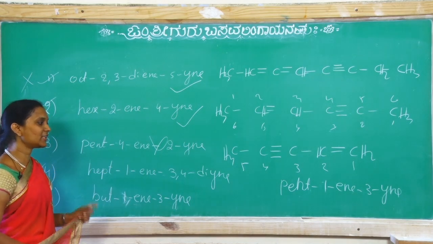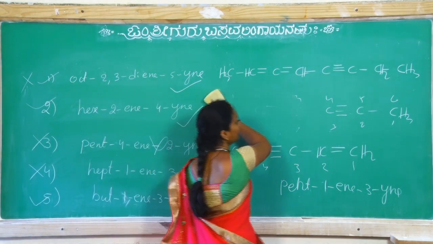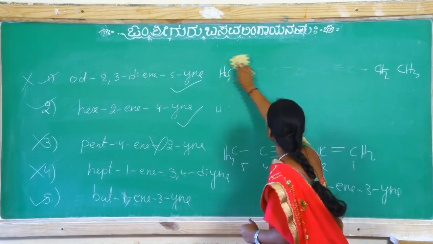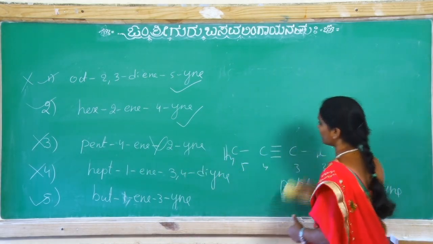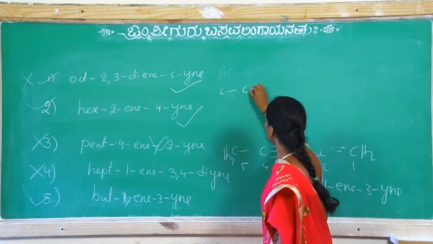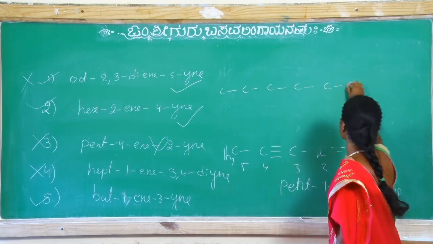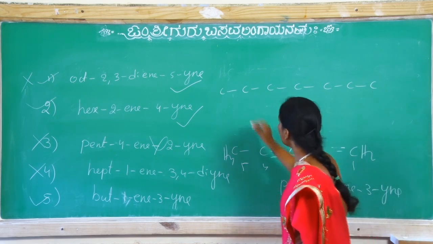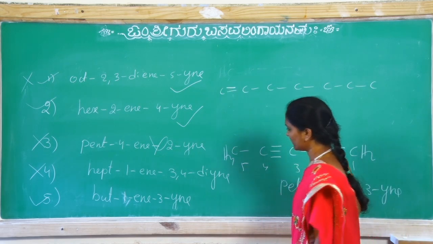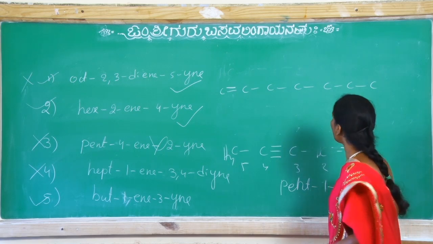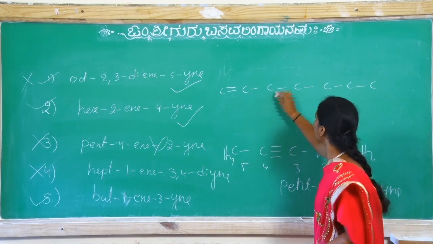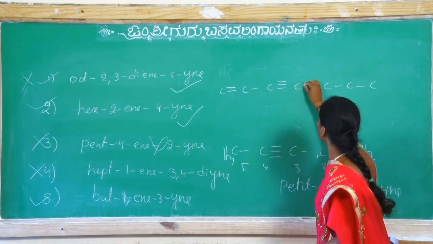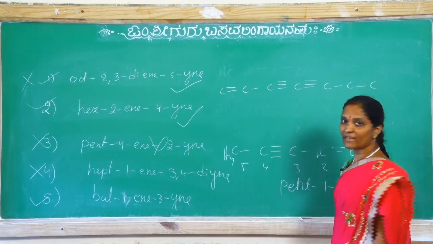Hept-1-en-3,4-diene. Hept, 1, 2, 3, 4, 5, 6, 7. 1-ene, first position double bond. 3,4-diene, 1, 2, 3, 4. Like this I gave.